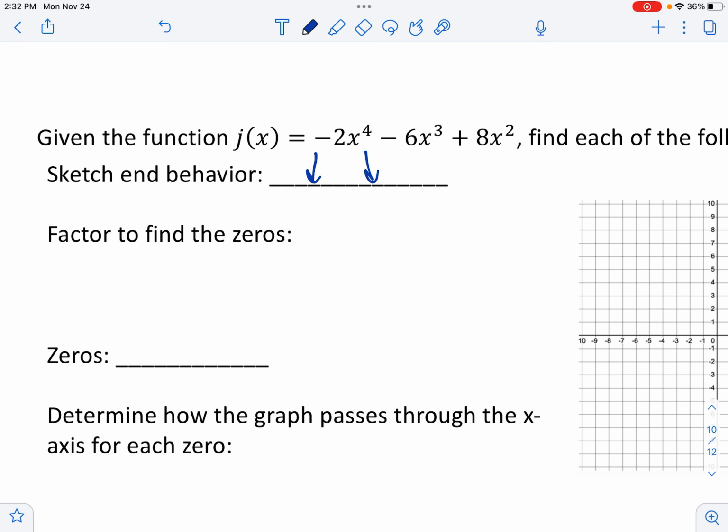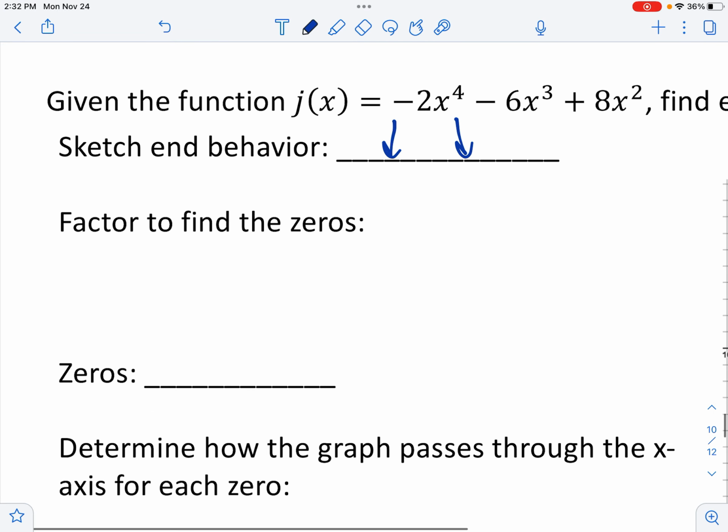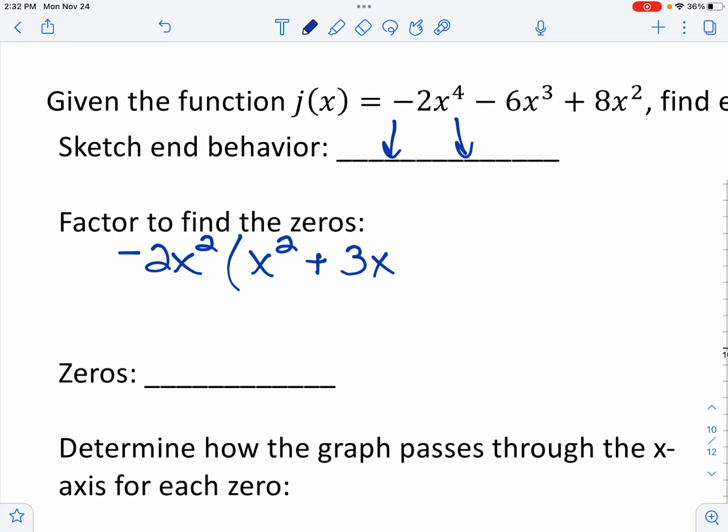Let's see. What do they all have in common? Well, they all have an x squared, and they all have a -2. You want to get that negative out of the front there. So we're going to factor out a -2x squared. And then that's going to give us x squared plus 3x, and then -4.